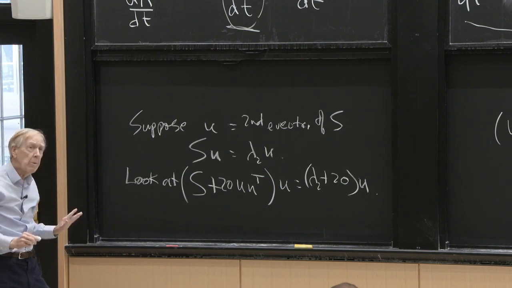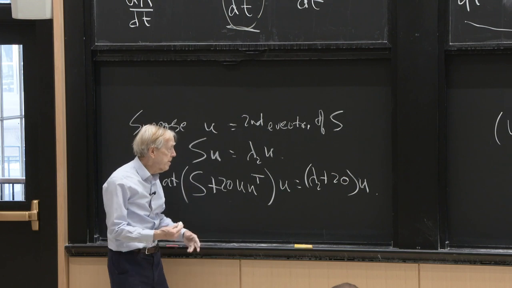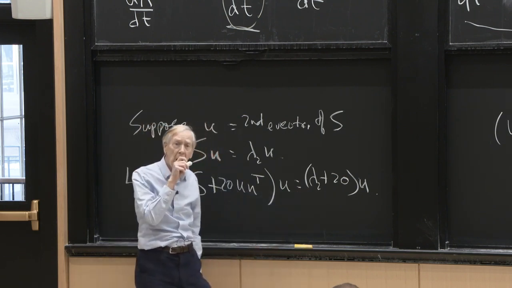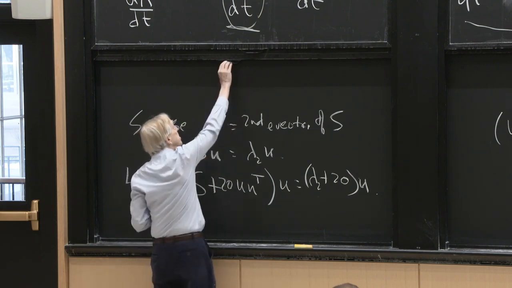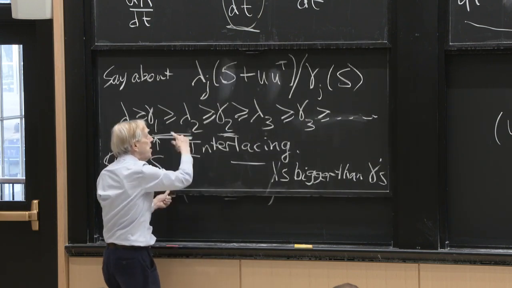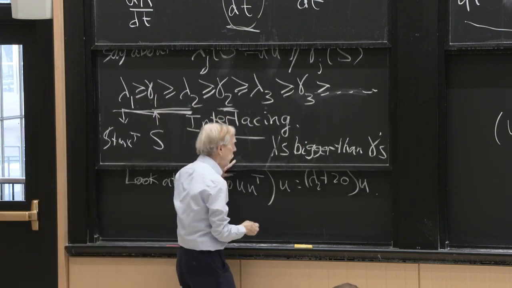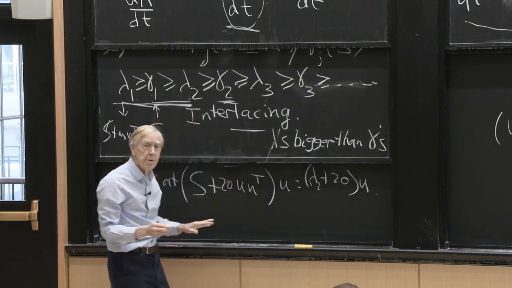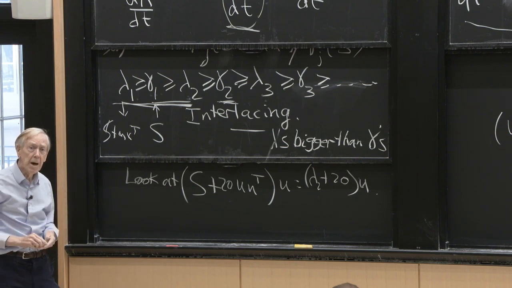So you see my worry? Here I'm doing a rank 1 change, but it's moved an eigenvalue way, way up. So how could this statement be true? You see my question? I could leave it as a question to answer next time.